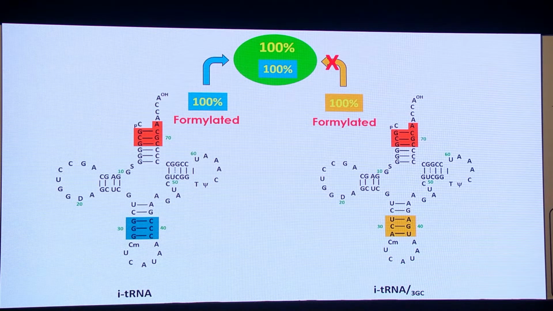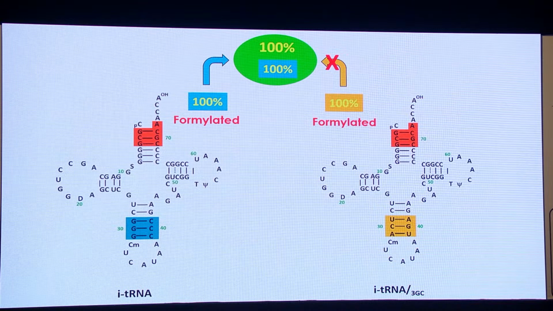In the wild type background, let's say you have 100% formylated of this and 100% formylated of this. The tRNA with the wild type component of 3GC base pairs has the priority to bind to the ribosome. So all of the ribosomes, 100% of the ribosomes, are occupied by the wild type initiator tRNA, and therefore this mutant initiator tRNA does not get an opportunity to go to the ribosome.